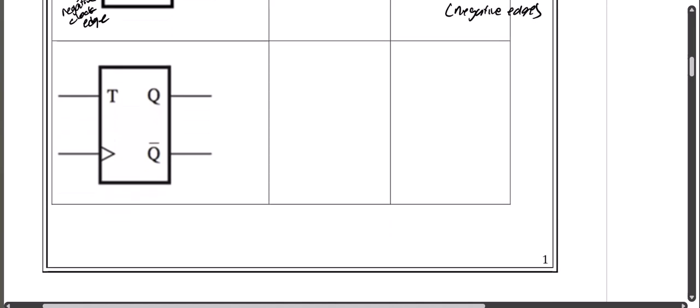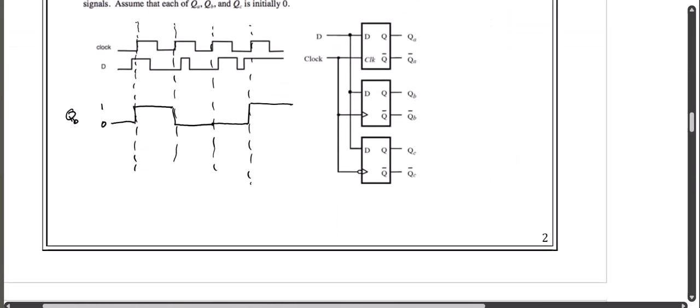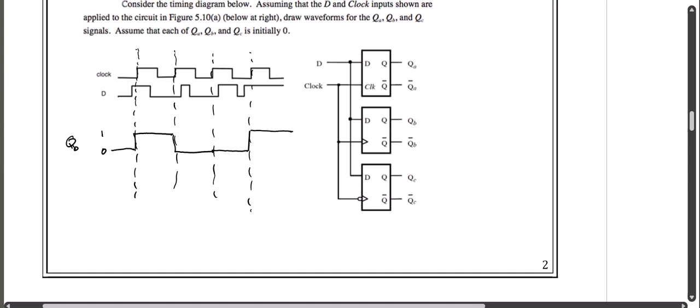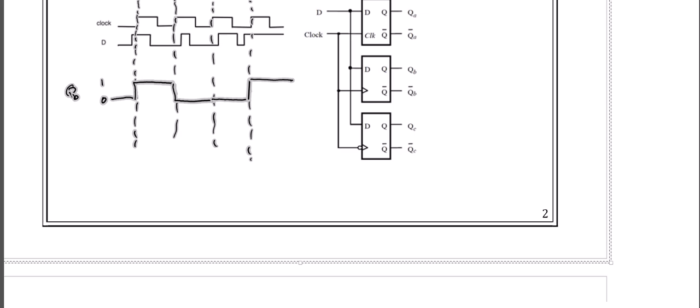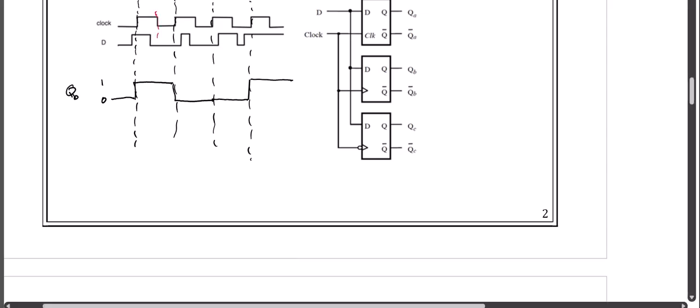So if we go back to that problem 3, if I draw vertical lines at the negative edge of the clock, this must be QC.